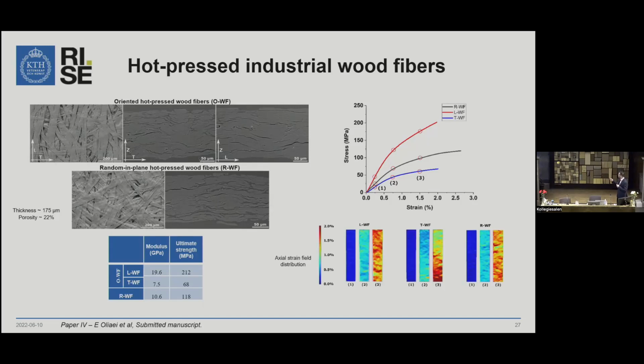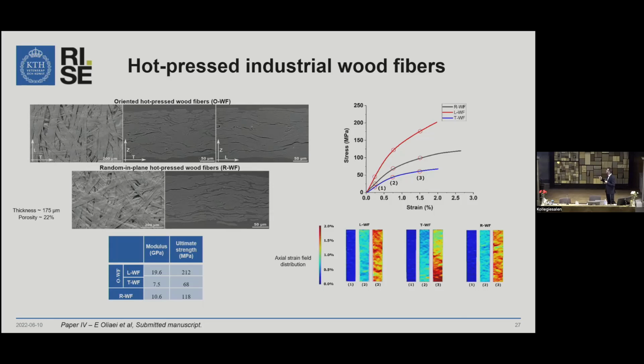We also tracked the strain field distribution, and here in these plots, you can see 3 different points in the tensile curve. The strain field distribution initially in the elastic region seemed pretty homogeneous for all these 3 structures. As soon as the irreversible deformation starts, this heterogeneity starts, and is relatively higher.